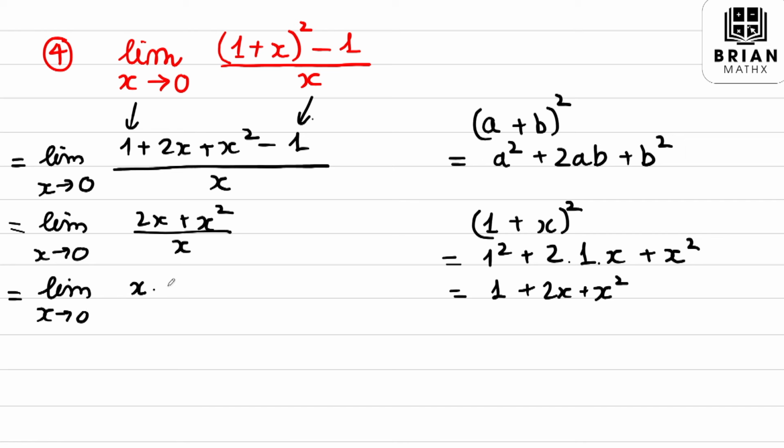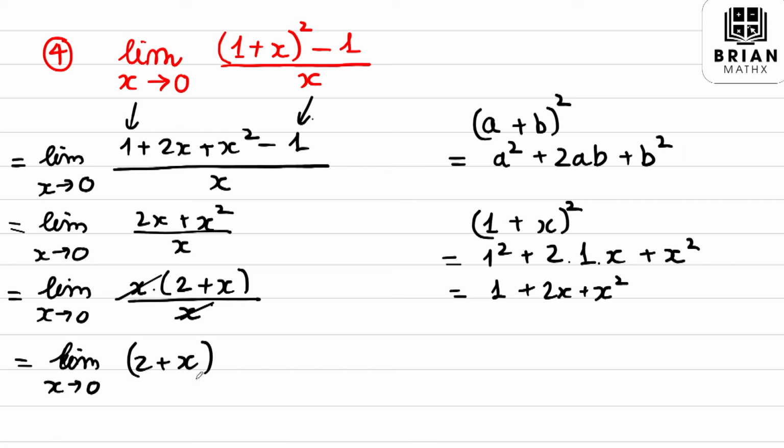I will take x outside as a common factor. Inside the bracket, I get 2 plus x. And the denominator has x here. The numerator and denominator have the same factor x, so I can cancel them this way. Then I have the simple expression 2 plus x. So when x approaches 0, substitute 0 for x here. I get 2 plus 0, which becomes 2. So this is my final answer for this limit.